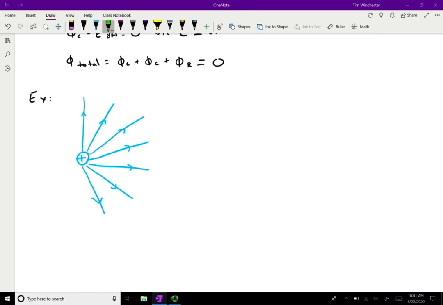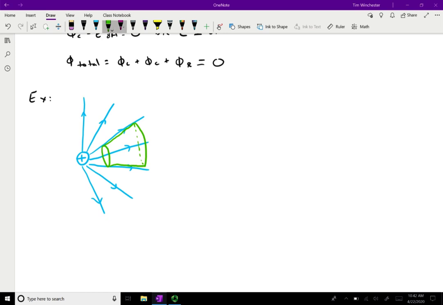So I'm going to draw a pretty weird one here. I'm going to take a shape that's a circle on this side, and then the side follows along these electric field lines. So sort of a truncated cone shape. And that's my Gaussian surface. Again, not actually there, just a thing that I've drawn.